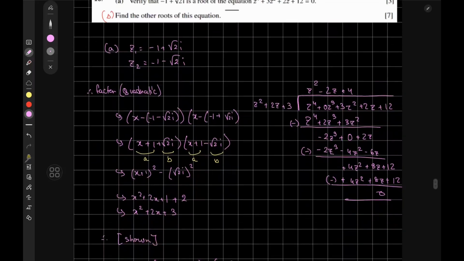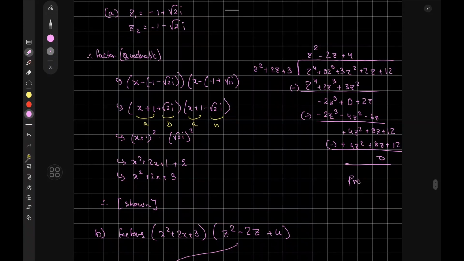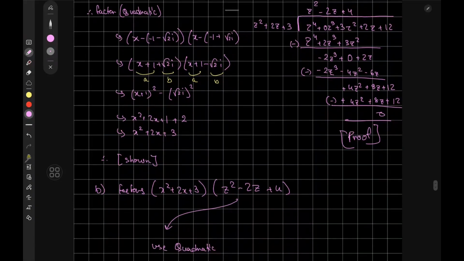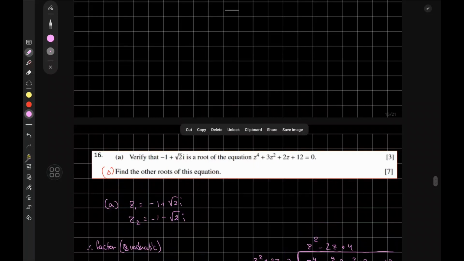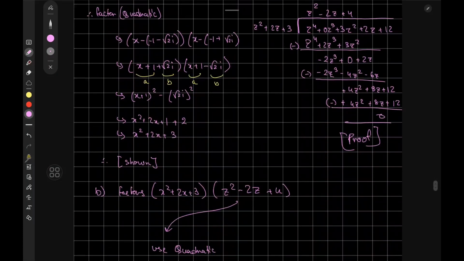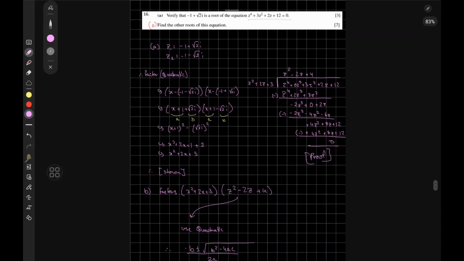So we directly use long division, and we've gotten a quotient of z square minus 2z plus 4. After the division you get a 0, and the proof is shown. So now you know that x square plus 2x plus 3 is indeed a factor of this equation, right? You can look at the long division and let me know if you have any confusion.